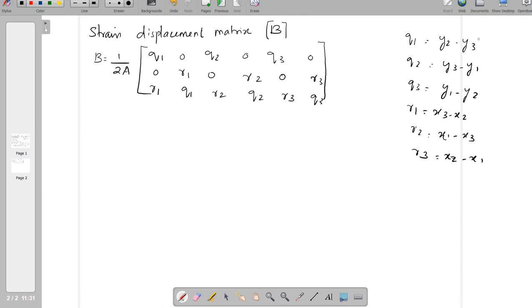Now we can find the values. y2 minus y3 is 30 minus 120, which is minus 90. y3 minus y1 is 120 minus 30, which is equal to 90.